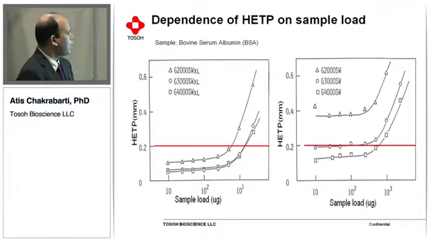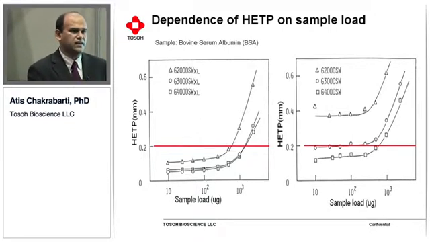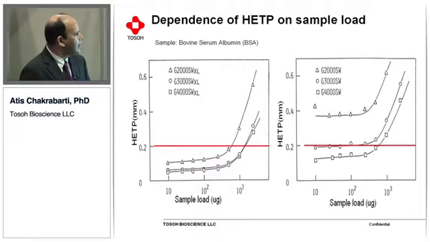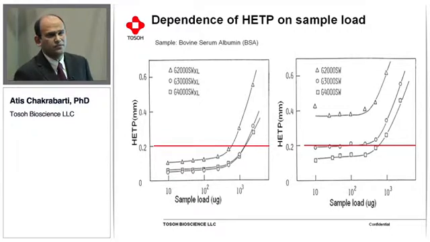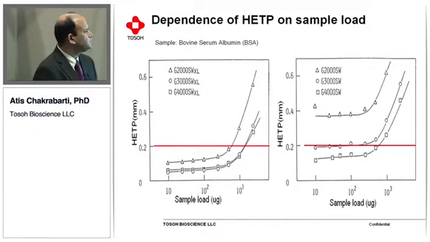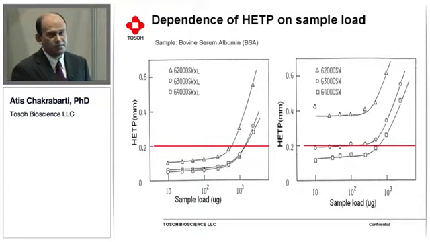Now what is the difference between the XL column line and the SW column line? In terms of efficiency, this is the y axis where HETP is plotted as a function of the sample load. This is about the XL and this is about SW.